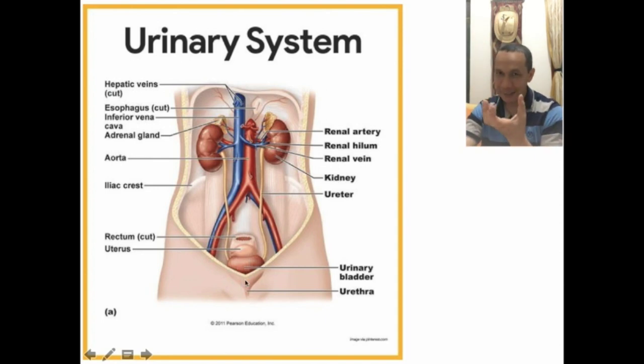It's a sac in which we store our pee until it's fully filled and we feel that desire to pee, so we go to the restroom. After the urinary bladder we have this exit tunnel called the urethra.